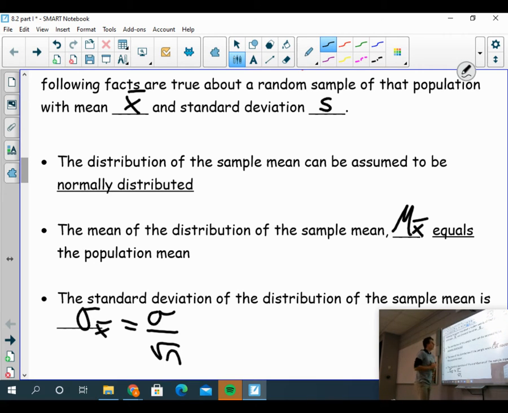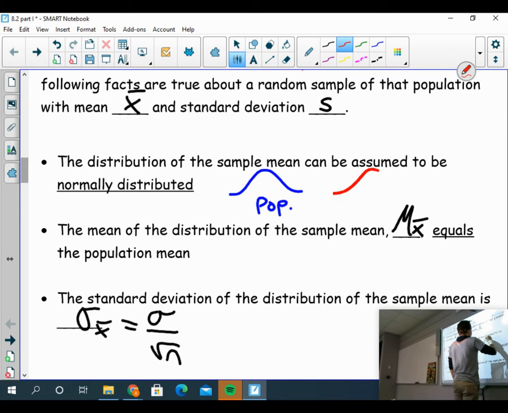So number 1, if the population is normal, the distribution of sample means can be normal. You could imagine a little picture. We have all the fish in the pond having a normal distribution. Means those 100 sample means also have a normal distribution.